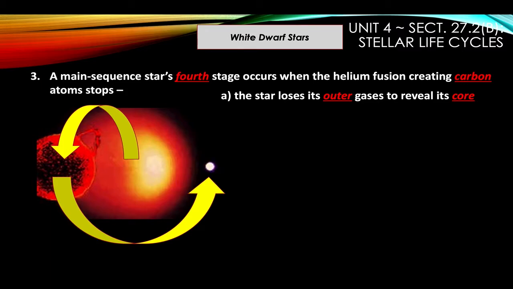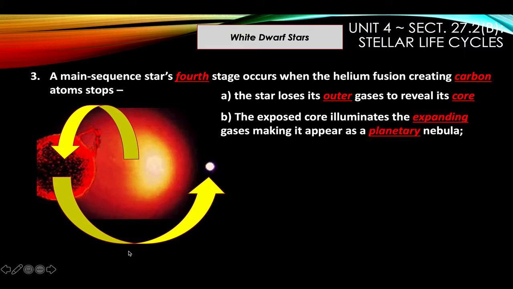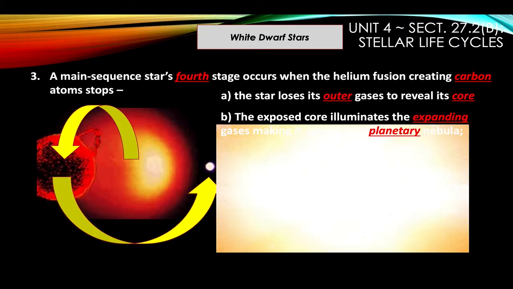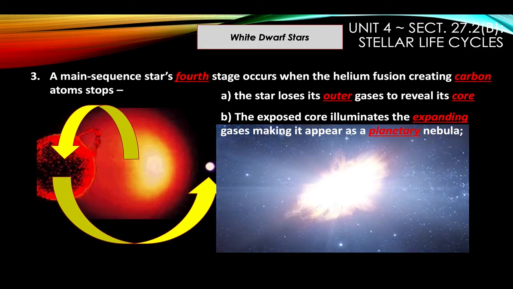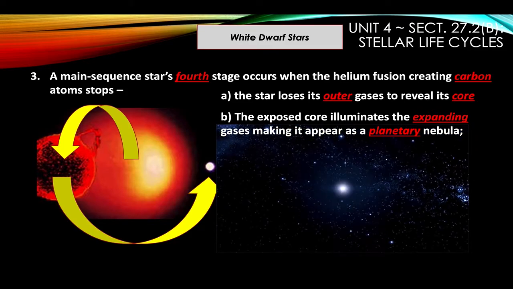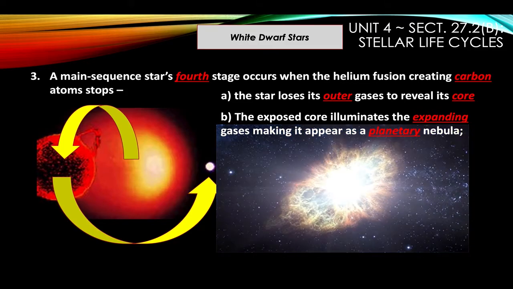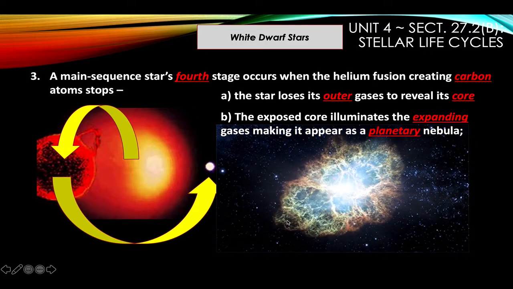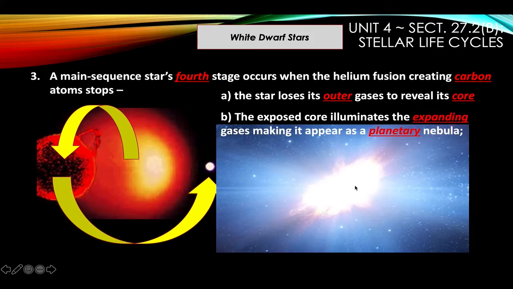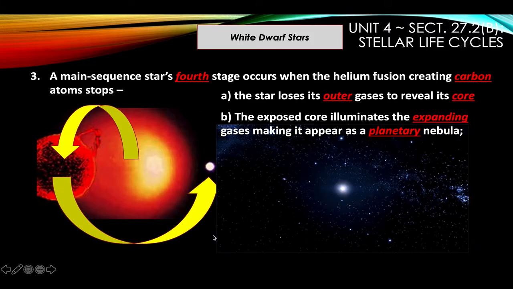So everything else is expanded off, and that core we saw in the beginning, that's all that's left. And this exposed core gets very bright. It'll illuminate the expanding gases, make it appear as if it was a planetary nebula. So you see here, it's backlighting this gas as it expands. It looks like a planetary nebula, but it's not.